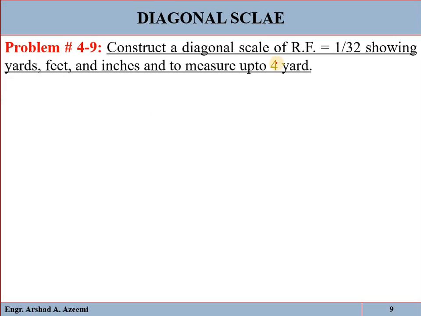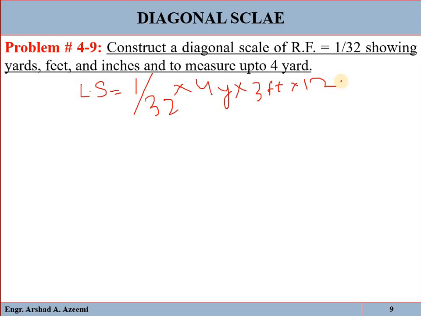Second, construct a diagonal scale of representative fraction 1/32 showing yard, feet and inches and to measure up to 4 yard. So just find out the length of the scale, which is equal to 1/32 multiplied by 4 yard. And remember, in 1 yard we have 3 feet, and in 1 feet we have 12 inches.